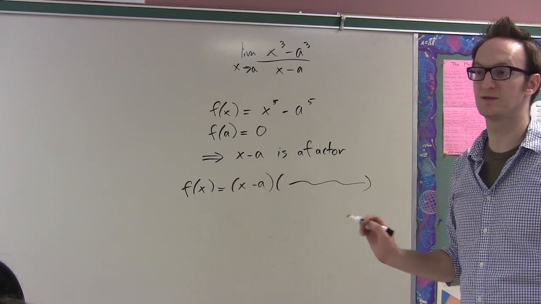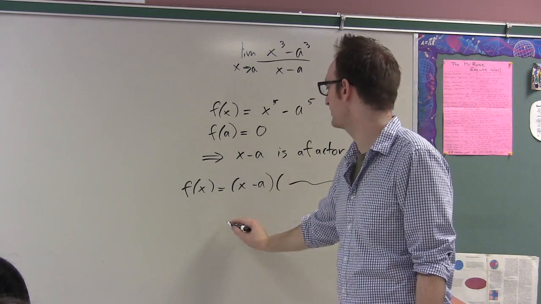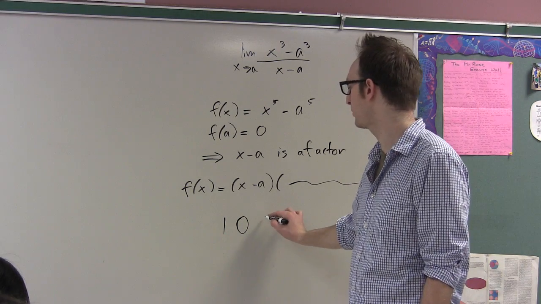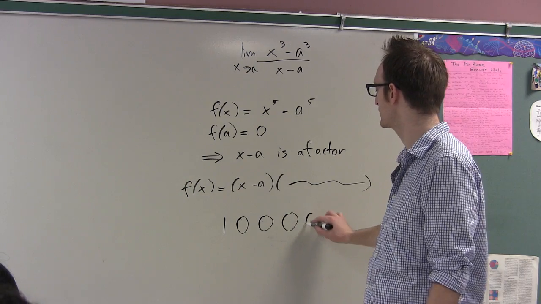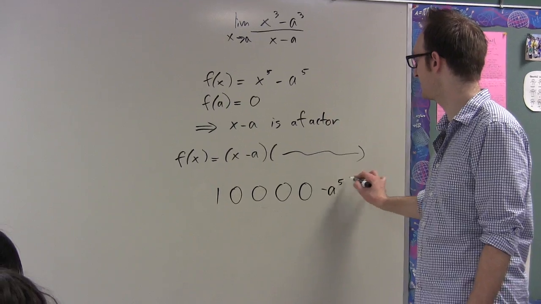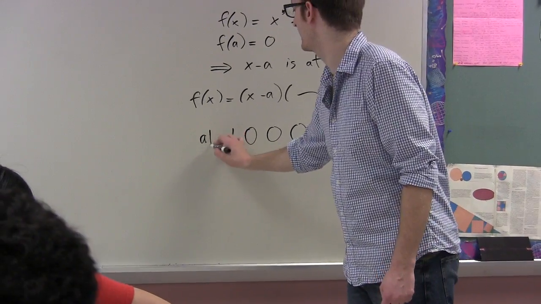Let's do synthetic division. So x to the fifth minus a to the fifth, let's write the coefficients. There's 1 fifth term, no x to the fourths, no x cubed, no x squareds, no x's, and the constant term is negative a to the fifth. You guys following this? Okay, and I'm going to divide into it a.